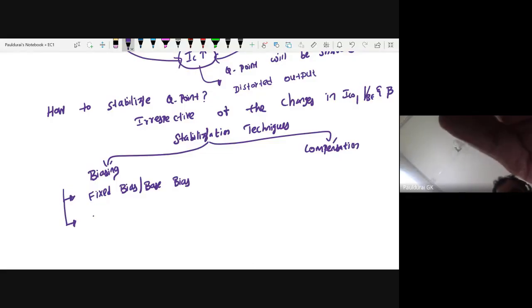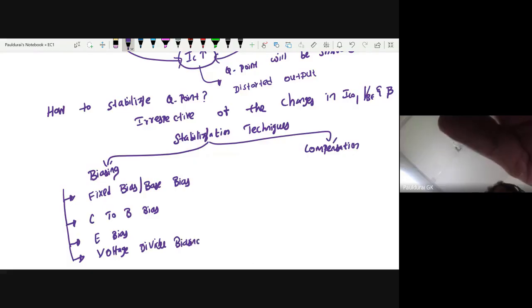Next, collector to base bias. Third, emitter bias. And fourth, the universal one we follow, voltage divider biasing.